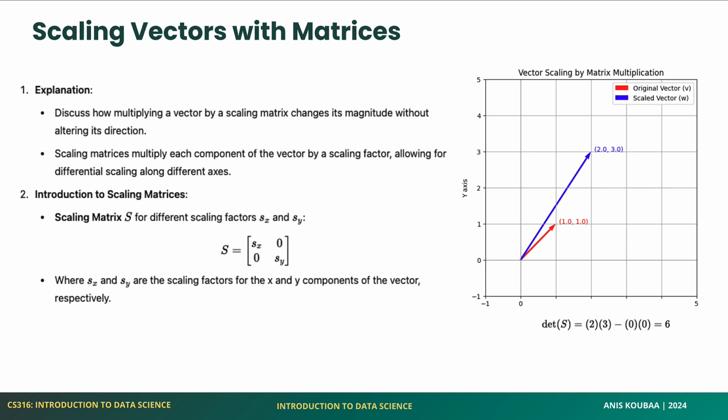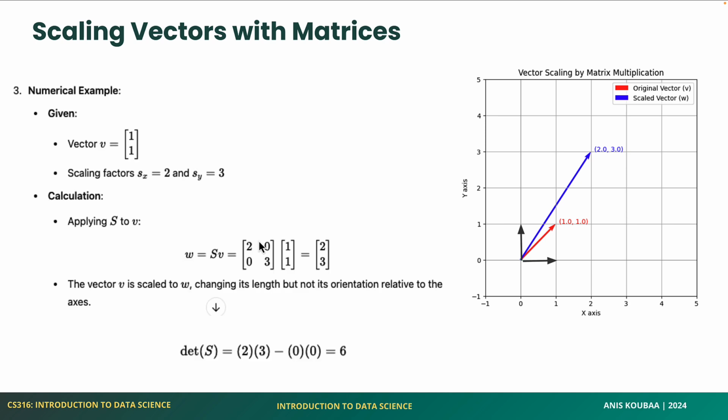Okay. There are other types of matrices that we call scaling matrices, like this one. Basically it is a diagonal matrix. What does this mean? When I multiply any vector by this matrix, it's going to scale every component of a vector by a certain factor. Let's make an example. Let's consider I have a vector v, 1, 1.